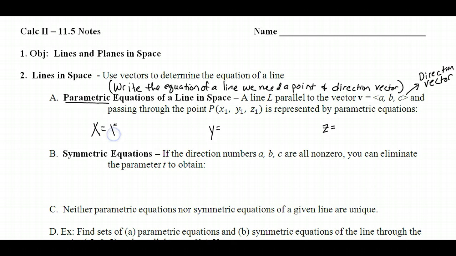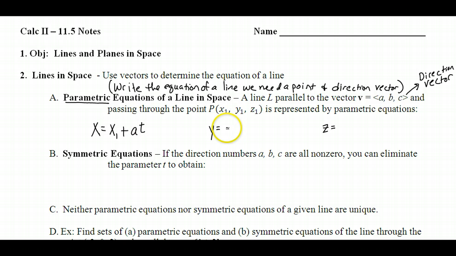To create this, it's your x point plus your direction number here, a, which corresponds with that first coordinate, times t, because remember parametric, we had that parameter t.